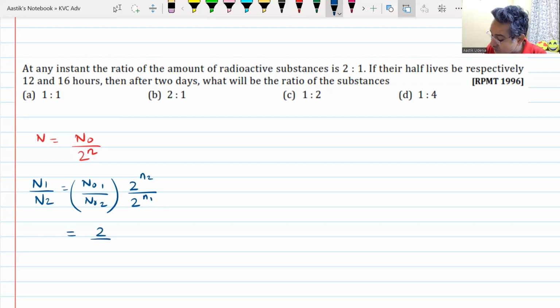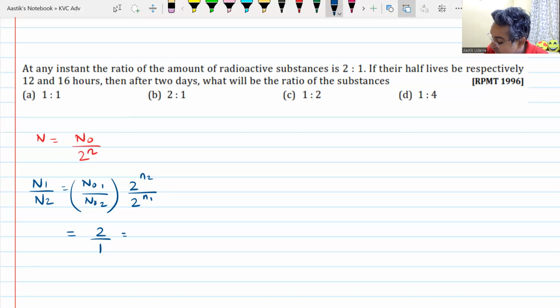N01 and N02 are in the ratio 2:1 and their half-lives are 12 and 16 hours. So in 2 days, how much would that be? We have to find out.